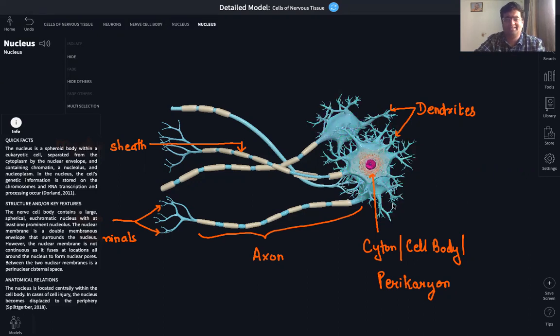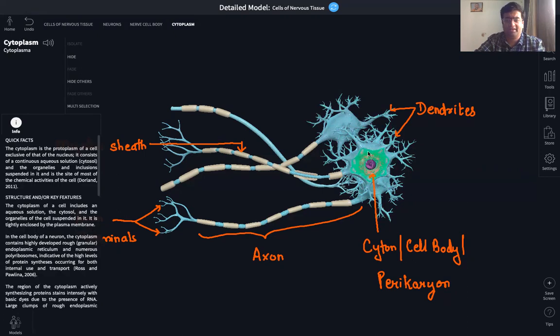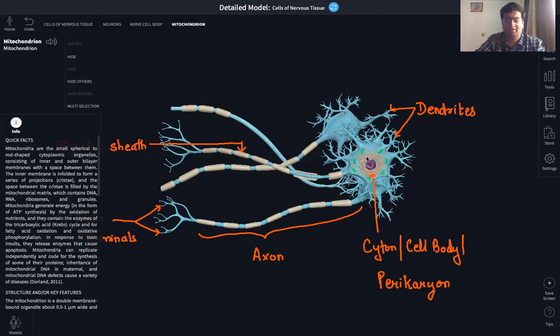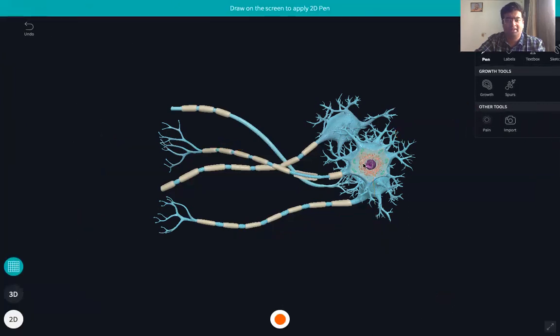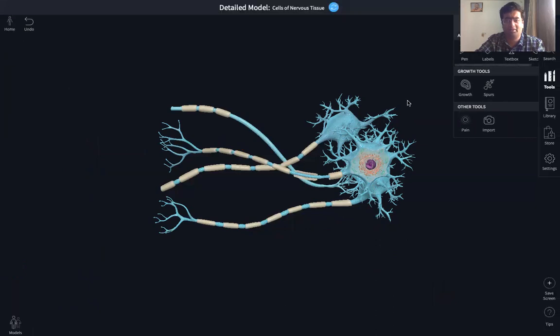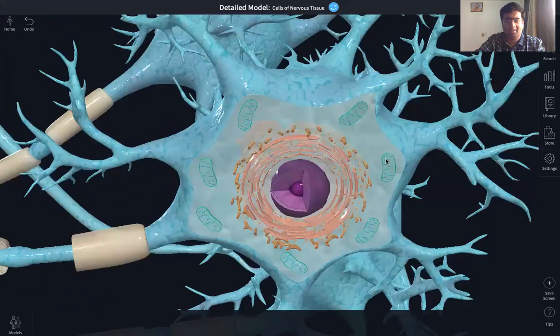Now, as far as the cyton or the perikaryon is concerned, it consists of several organelles, including the mitochondria. These green ones, the small ones that are highlighted, are the mitochondria. There are abundant mitochondria present within the cell body of the cyton. Then apart from the mitochondria, there is endoplasmic reticulum.